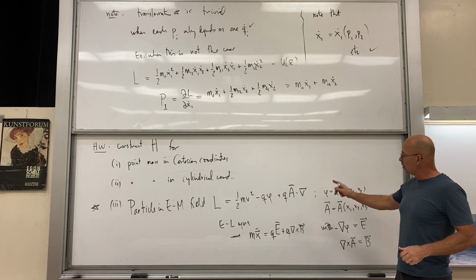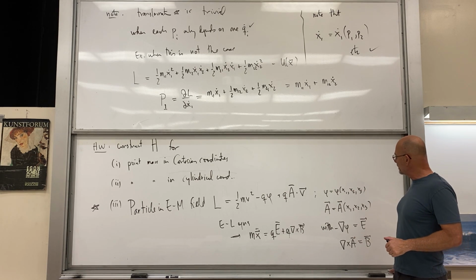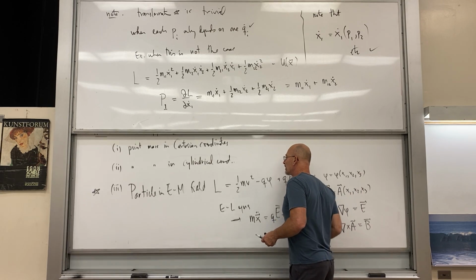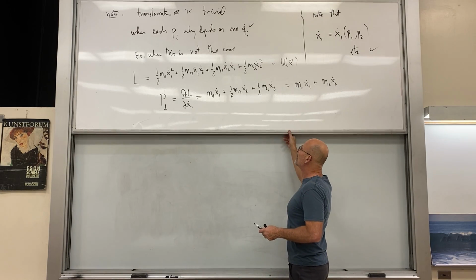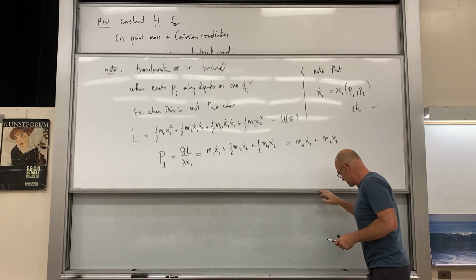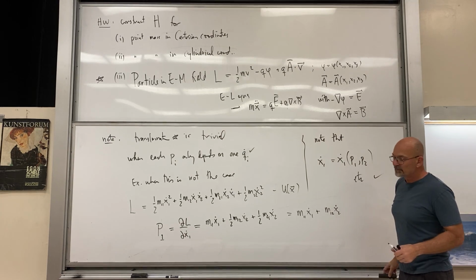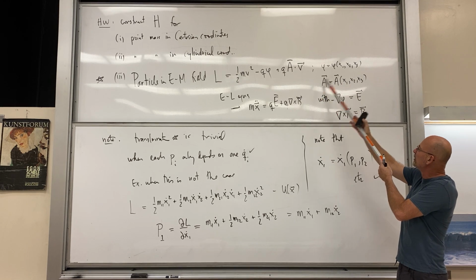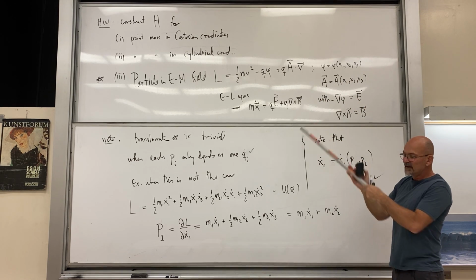So the homework is to construct the Hamiltonian, and I'll get you started on it. If you have some time, or if you can find where you did this, you may run through this again to make sure you see that that is true.